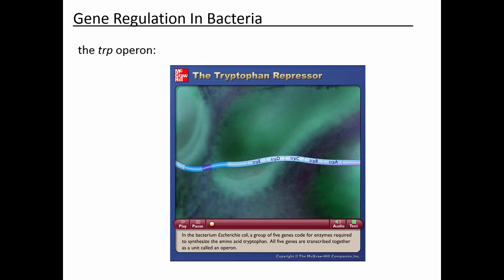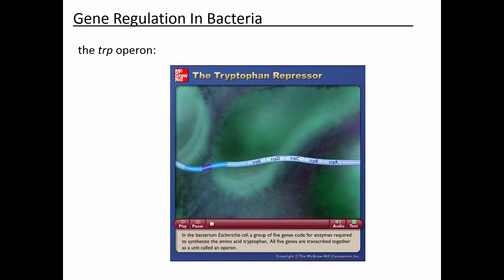So the first thing we're going to do is study the regulation of the tryptophan, the TRP operon. This one is the simpler example. TRP stands for tryptophan, and tryptophan is an amino acid. We were talking about an operon in a bacterial cell.